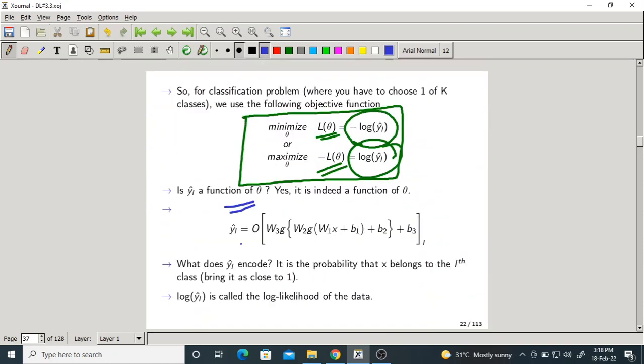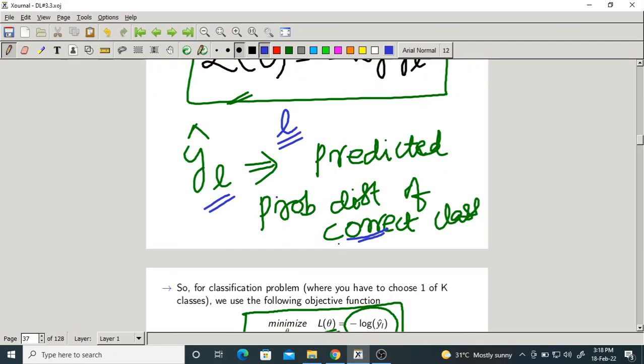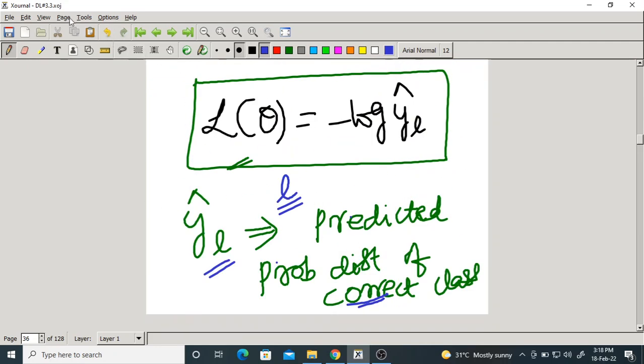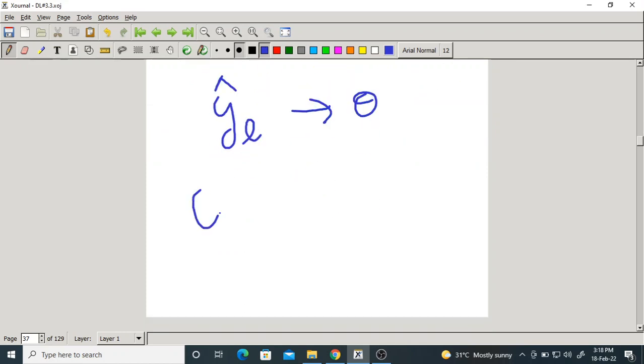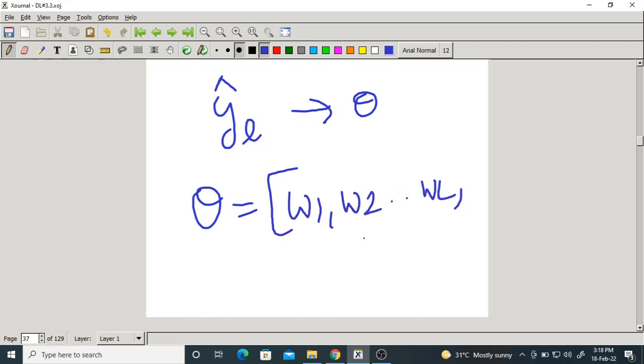So again, the problem boils down to theta. But theta is a function of what? The weights and the biases: W1, W2, and so on up to WL, and B1, B2, and so on up to BL.